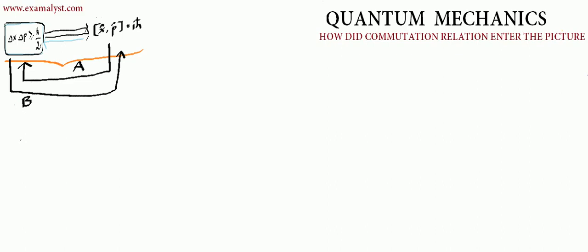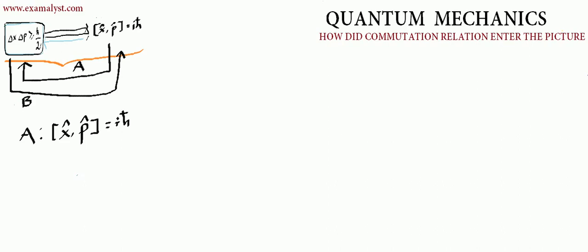We will follow road A. We will assume from the very start that the commutation relation is there, and then we will try to prove that using this commutation relation we can actually reach the Heisenberg uncertainty principle, and that derivation will indirectly prove that both the commutation relation and the Heisenberg uncertainty principle are the same thing. So let us start our proof.